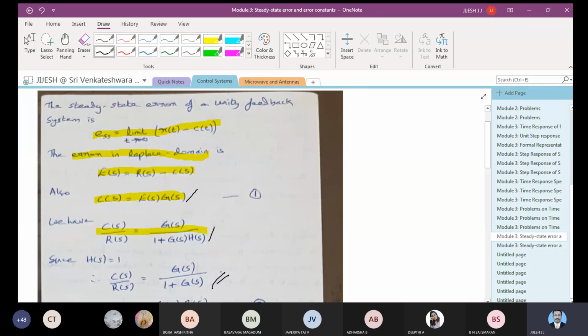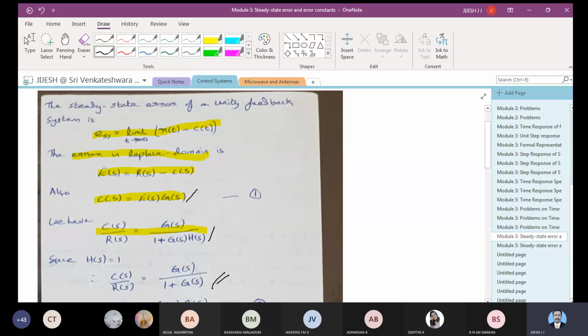So all of you got till here? Substitute for H of s. Here we have used a few equations, like the equation for E of s, that is R of s minus C of s, and the equation for C of s.